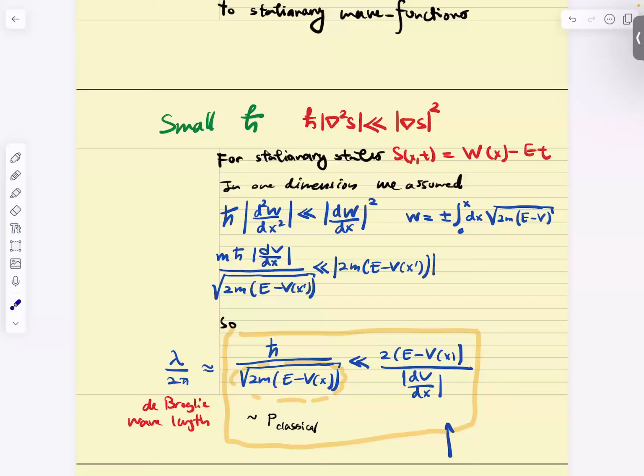We have v of x, and we talked about del x squared over del x squared v of x.